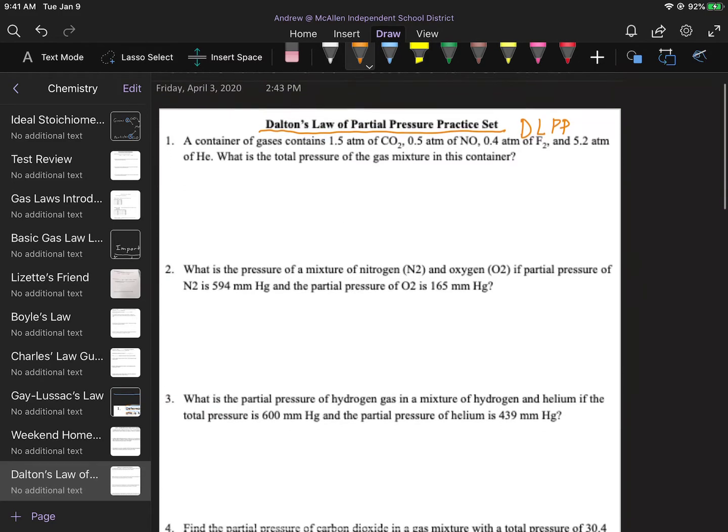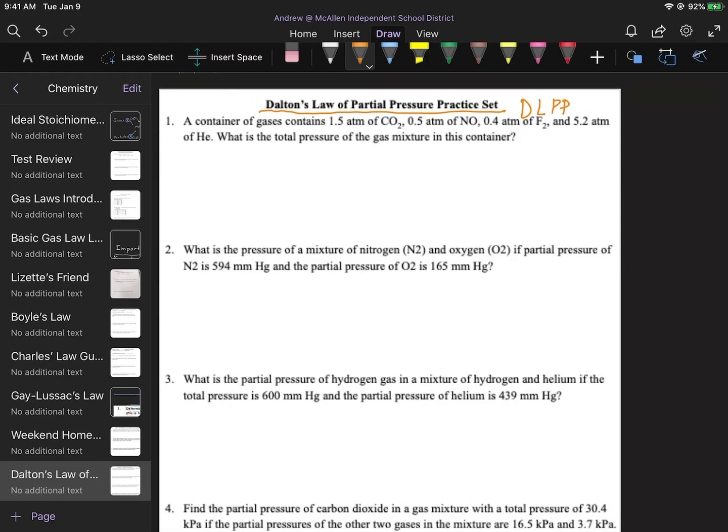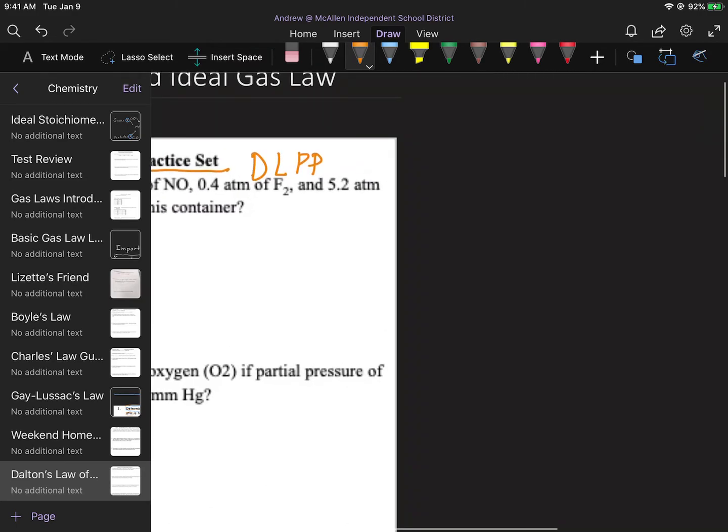But let's go back to Dalton's law of partial pressures first. Dalton's law of partial pressures says that the total pressure of a system of gases is equal to the pressure of the individual gases. So if you think about it like a circle, you have your entire circle, and it has a certain area.